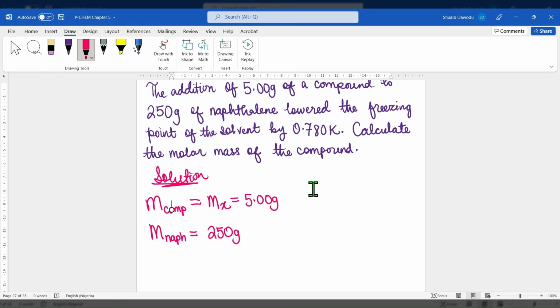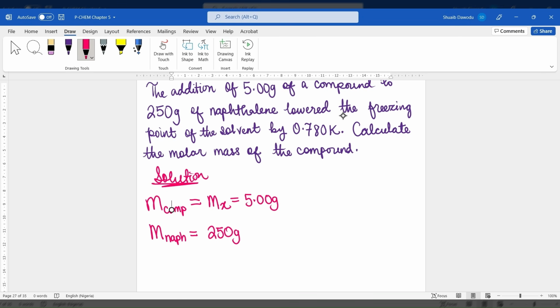That's an example of solvent, something that has the most quantity, and the thing that has the lesser quantity, when you're just dealing with a binary mixture, meaning mixing two things together like salt and water, is the solute. The salt will be the solute, it's a lower quantity, while the solvent is going to be the water. So we know it's naphthalene because 250, of course, is greater than 5.